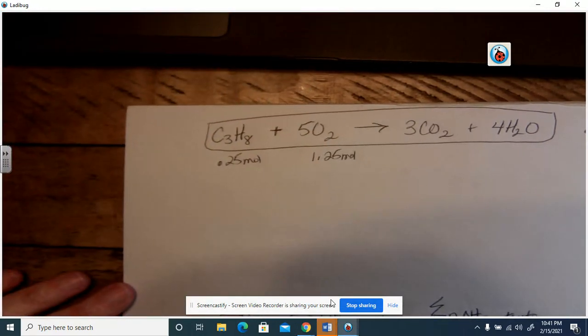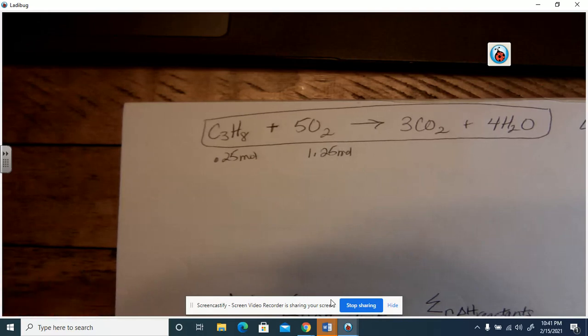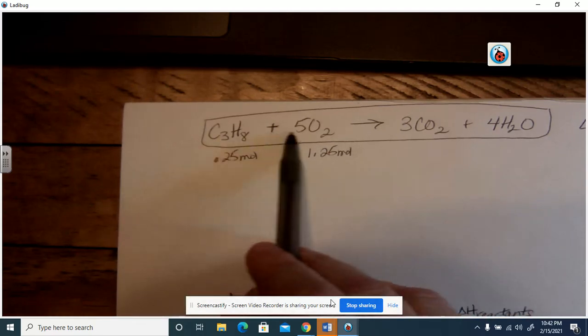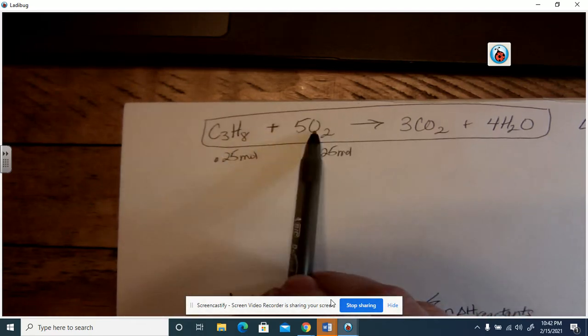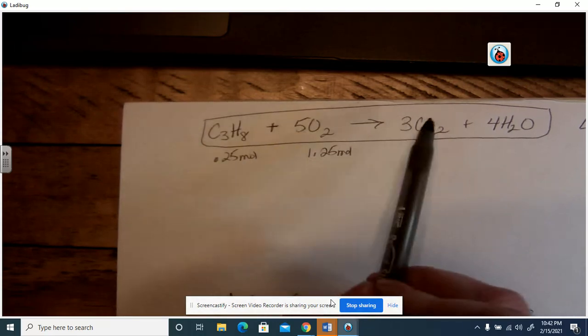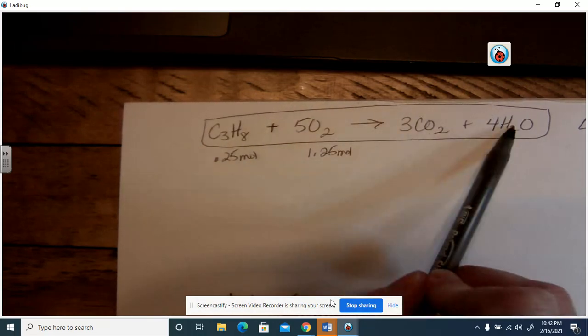So here's what we've got here. Let's see, where's my calculator? Okay, so there's my propane. That's C3H8 plus 5O2. They're saying with this reaction, if you have propane with 5 times the amount of oxygen you would need in order to get this to combust, it's going to produce carbon dioxide and water.